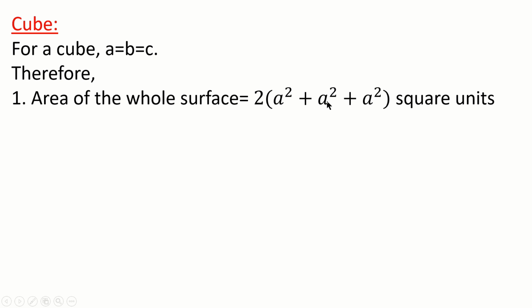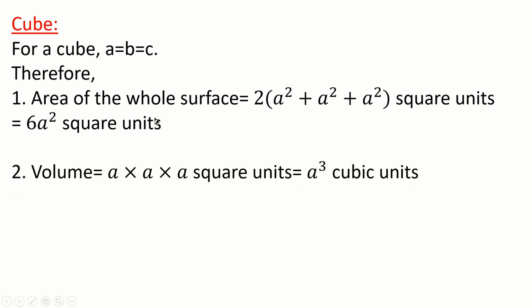Here was BC and here was CA, but we have to convert any one of these. As we have converted to A, here will be A into A, also here A into A, that means A square. Adding these we get A square plus A square plus A square, that means 3A square. 3 into 2 means 6A square square units.